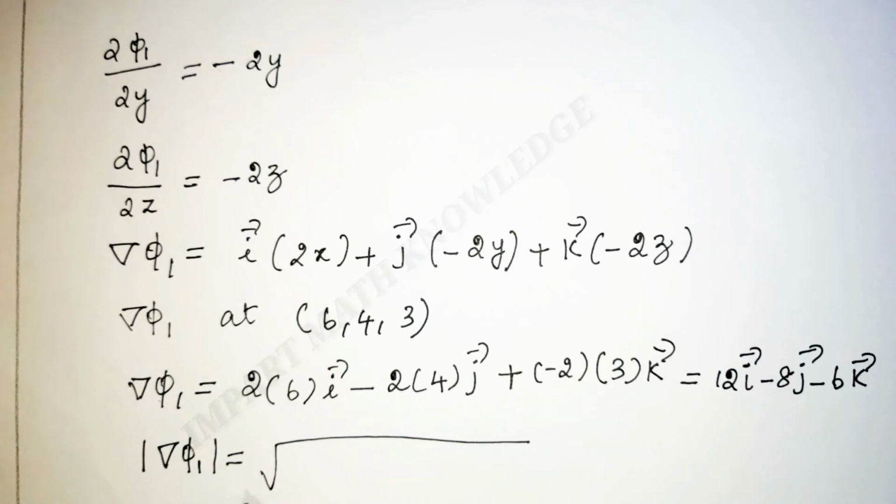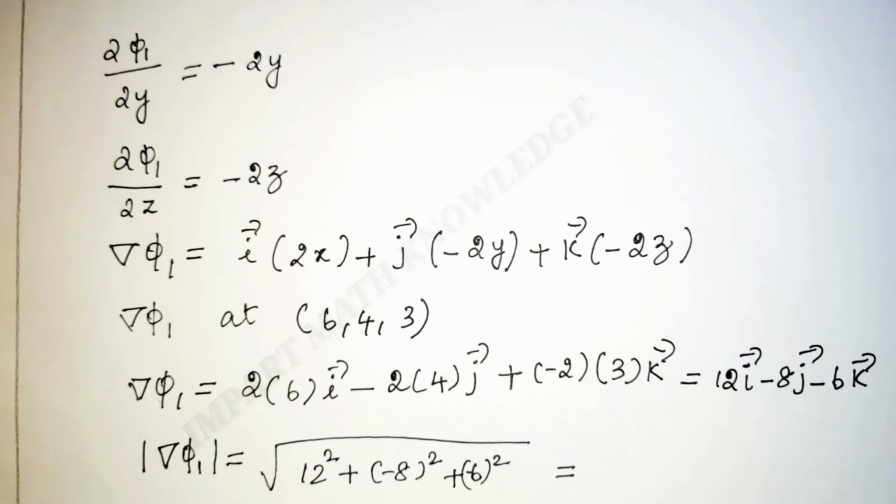Modulus of del pi 1 is the square root of 12 squared plus minus 8 squared plus minus 6 squared. So the value is the square root of 244. This can be written as 2 root 61.